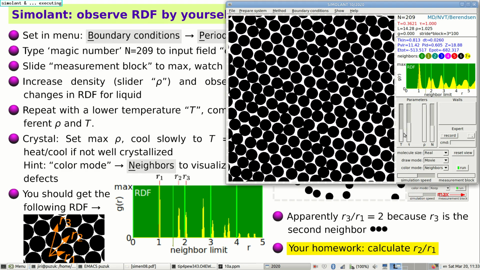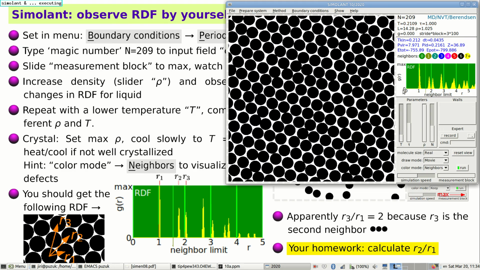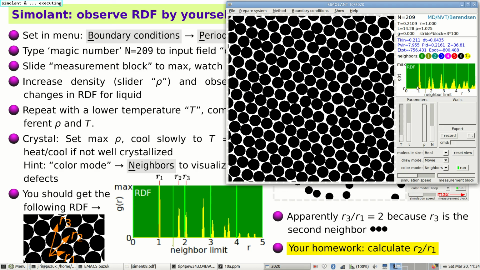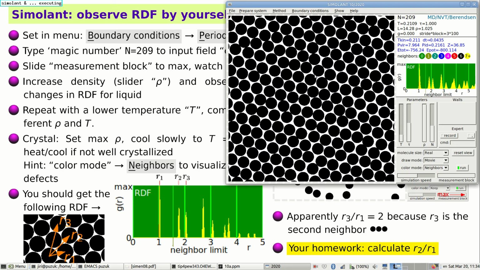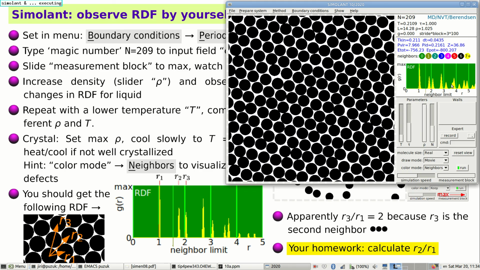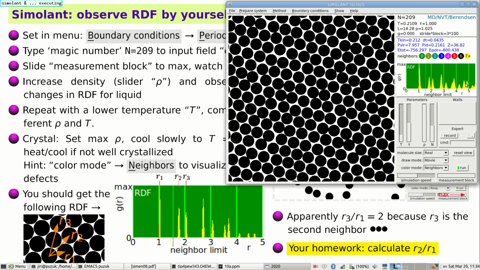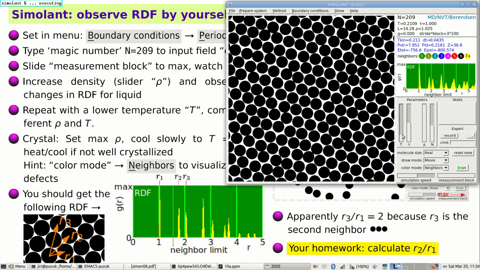Yeah, and I guess it is a perfect crystal or almost perfect crystal, and you can see that the radial distribution function now consists of peaks which are very high, and it is not liquid anymore, so there is no limit unity. It would be at very long distances anyway, but it's not here.